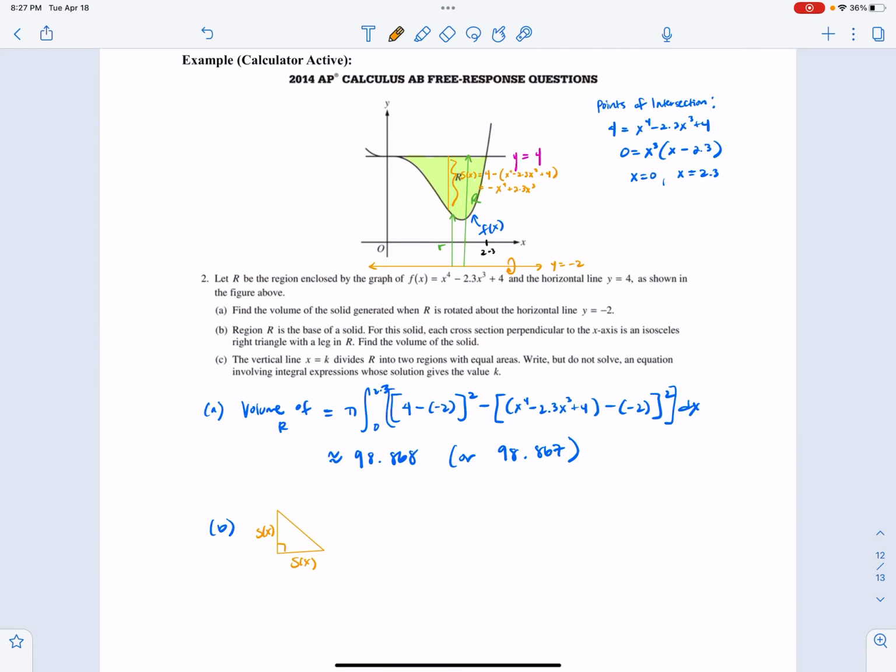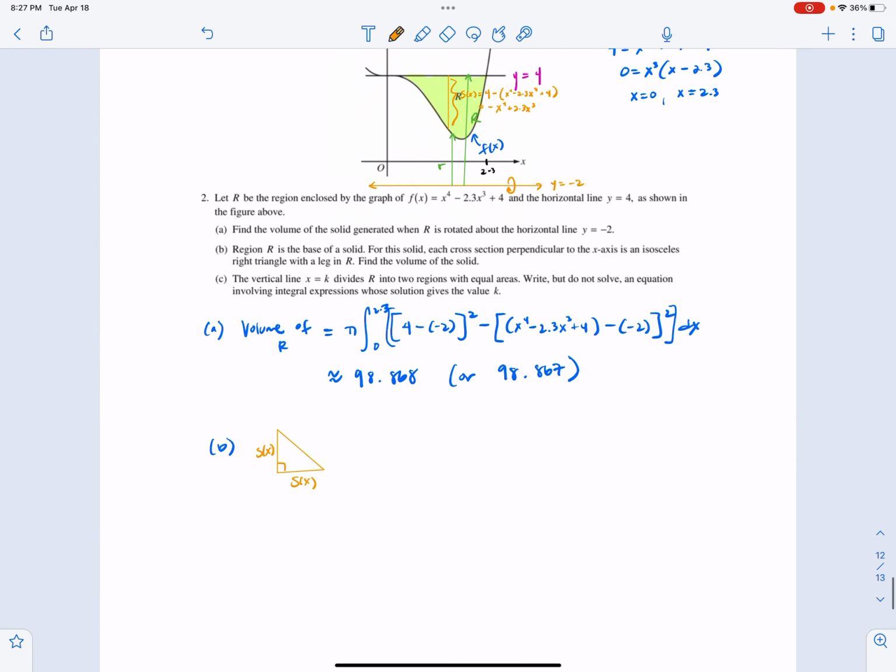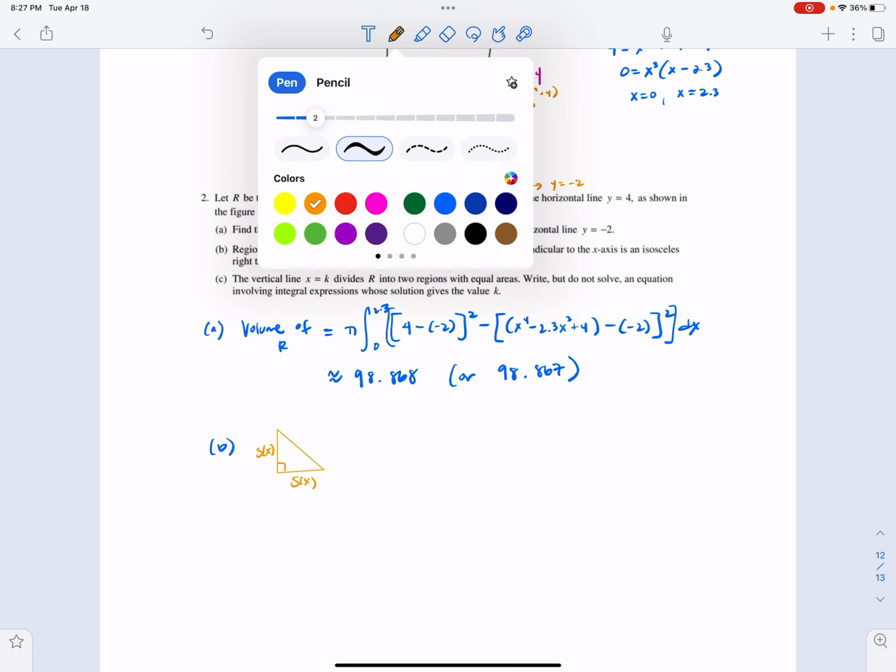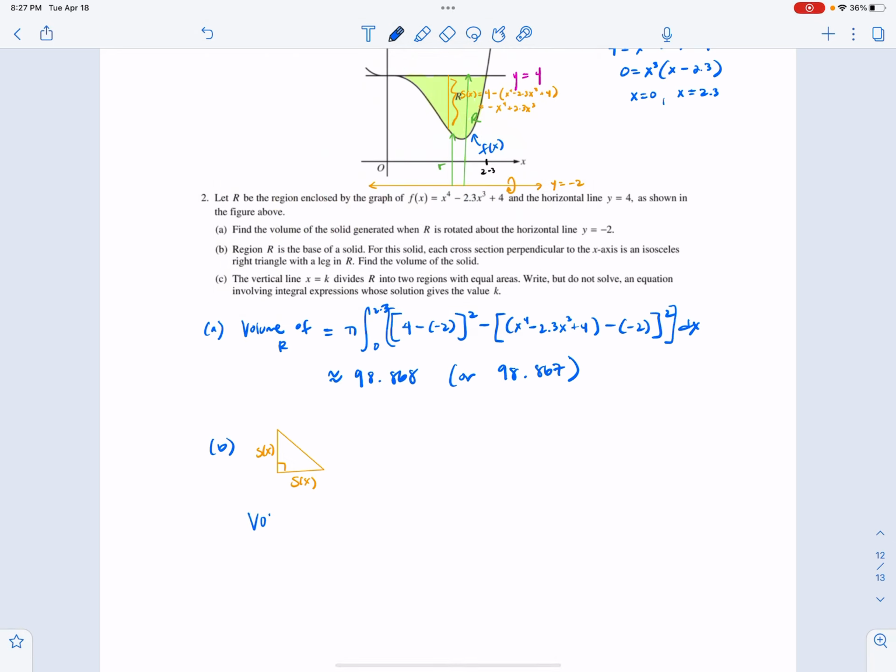So 1/2 times s of x squared, meaning that the volume will be equal to the integral from 0 to 2.3 of 1/2 times s of x squared.